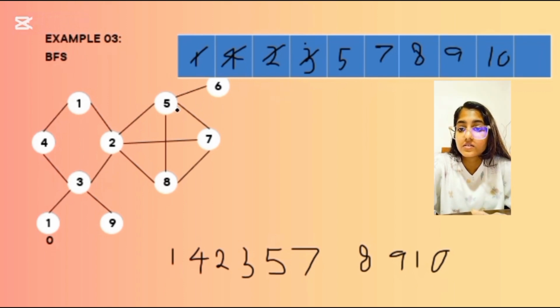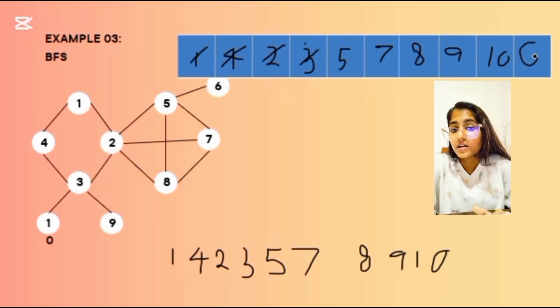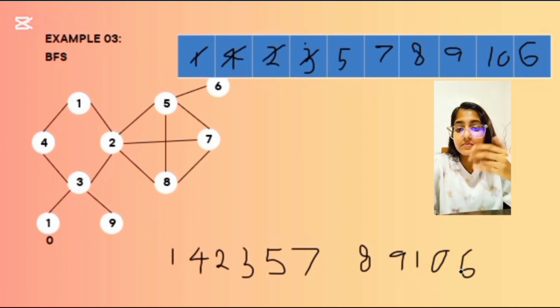The adjacent vertices for 5 are 2, 8, 7 and 6. You can see that we already visited those 2, 8 and 7, and the remaining vertex that I visit is 6, so I'll enter 6 here and I'll write 6 here also.